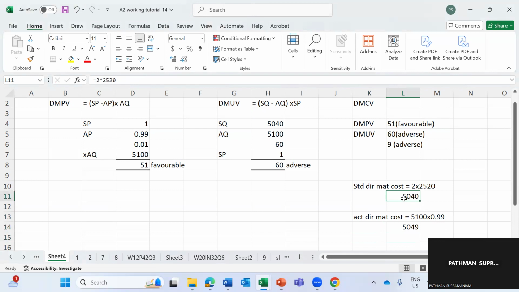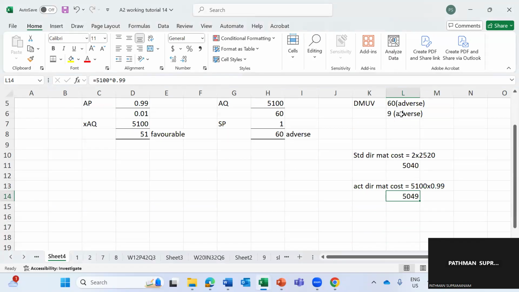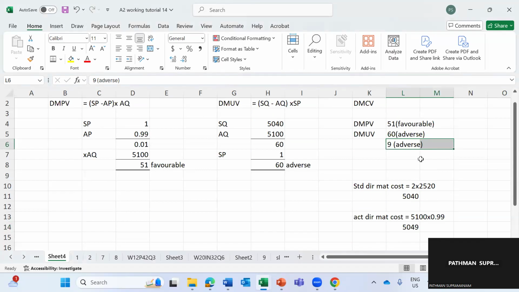So we're supposed to spend 5,040 on material cost, but we spent 5,049. Can you see here? We have overspent by $9. So that's how I get the $9 difference. Which means in standard costing, you don't just look at the difference in cost, but you need to go further. You need to break up the cost into both its components, and then combine both components, and you should get back the cost variance.